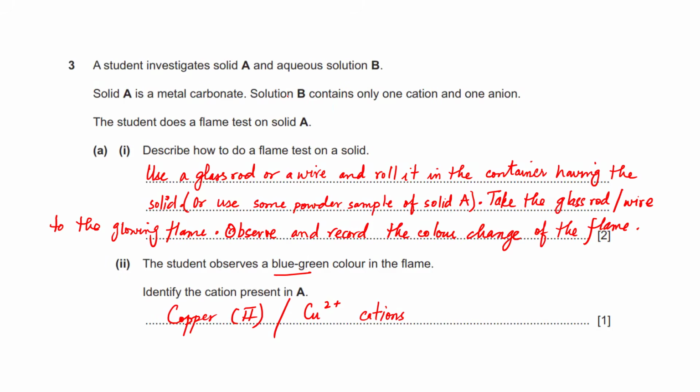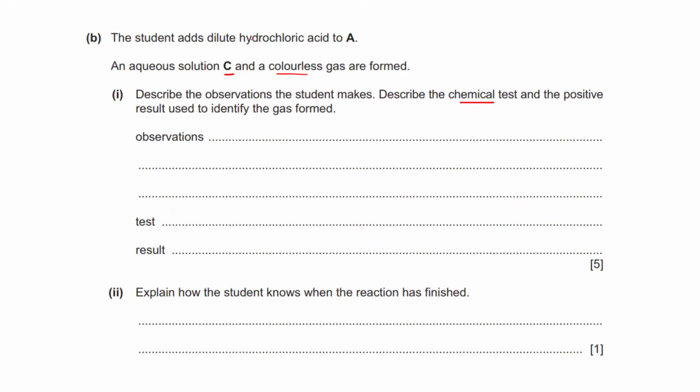Remember that solid A was a metal carbonate. So when carbonates react with hydrochloric acid, they produce carbon dioxide. That will be our gas. What we have identified is that the cation is copper and we have carbonate ions. It's a metal carbonate, so copper carbonate. This is the compound we have, and we are adding HCl to it. So if we add HCl, what do we get?